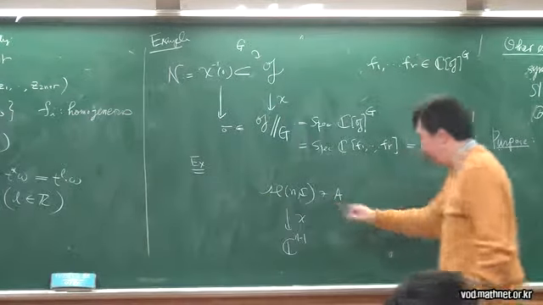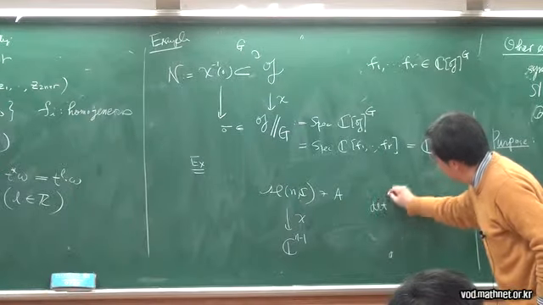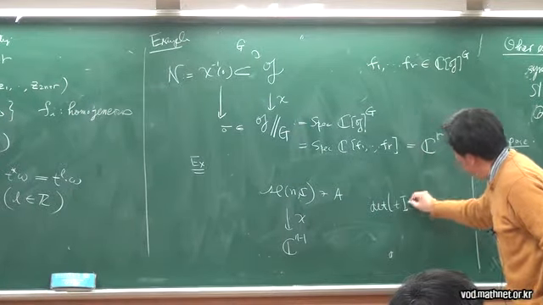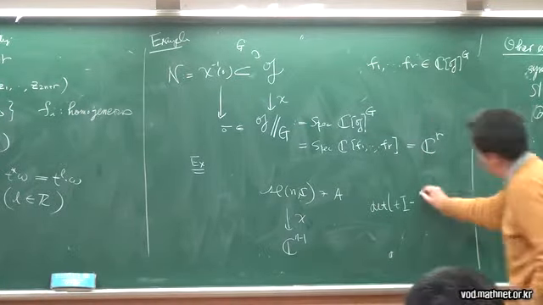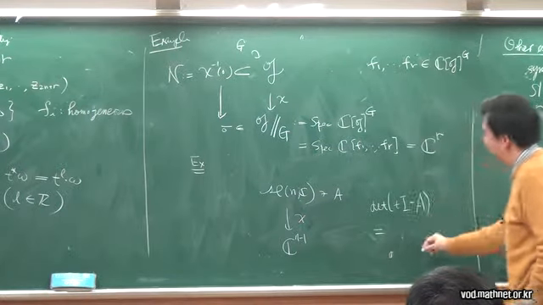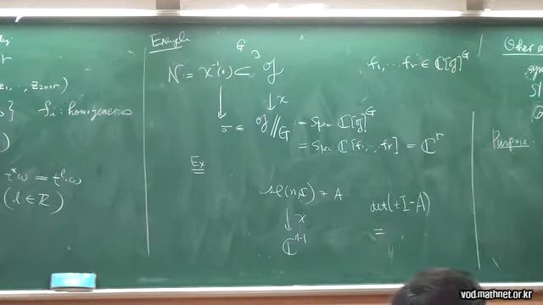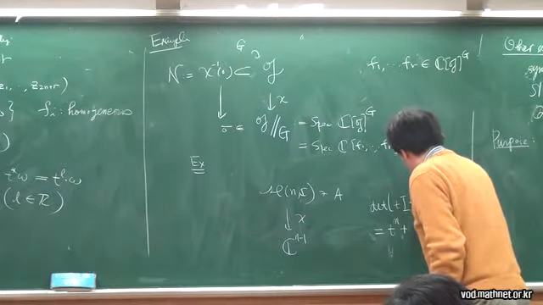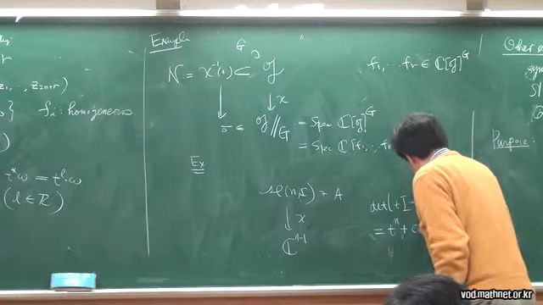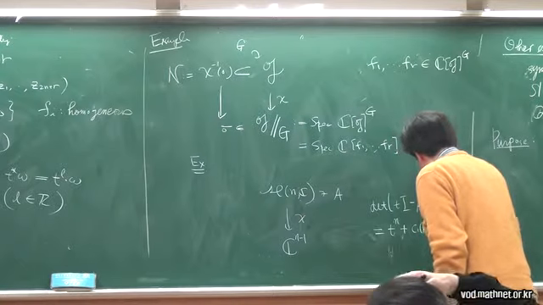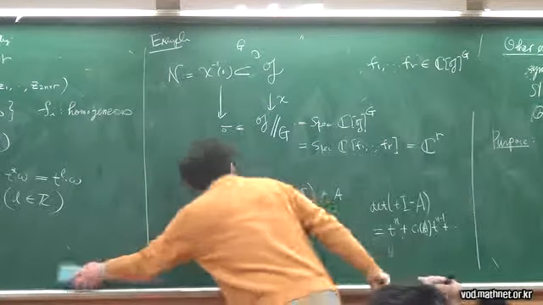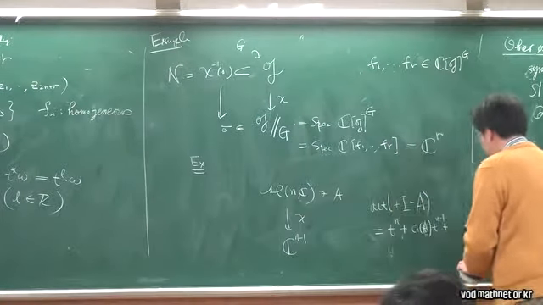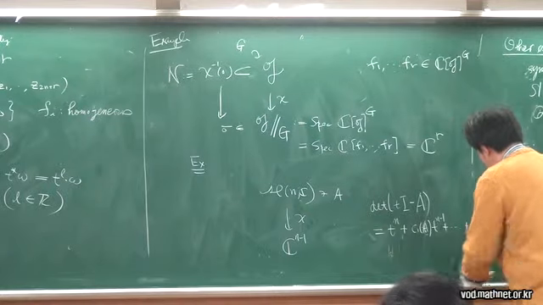If you take A and consider the characteristic polynomial of A and expand it as a polynomial in T, it is T^n plus c_2 T^{n-2} and so on.